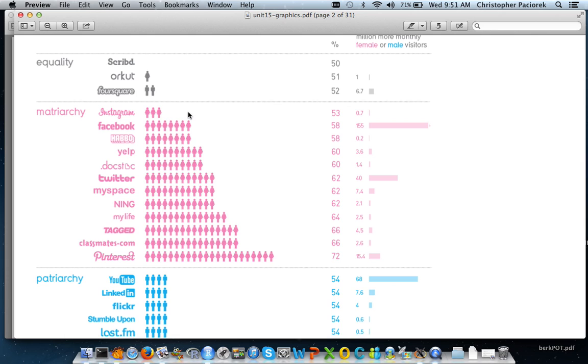Other thoughts? Yeah. Well, the people graphic is kind of the main thing that you're supposed to be looking at. It's sort of misleading. If you look at Instagram, there's 3 people, and Facebook has 8 people. So it looks like Facebook should have 3 times as many something as Instagram, but it's really only like a 5% difference. Right.